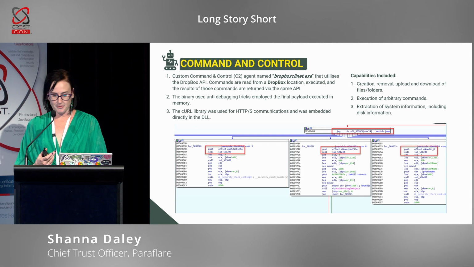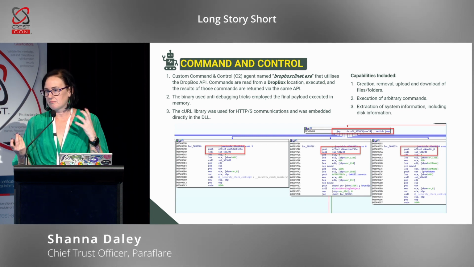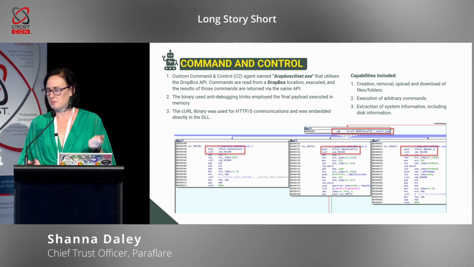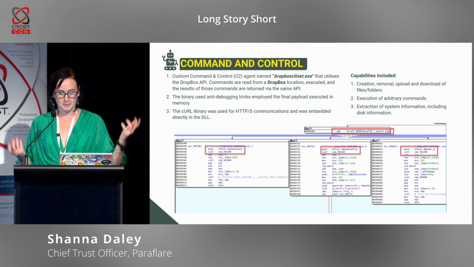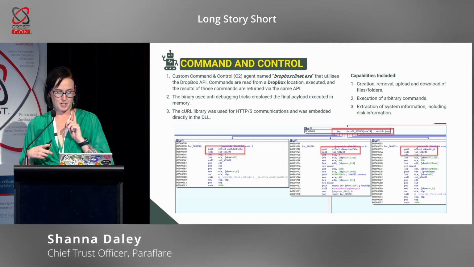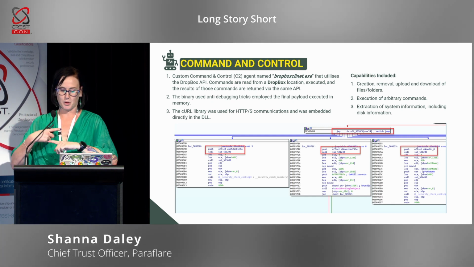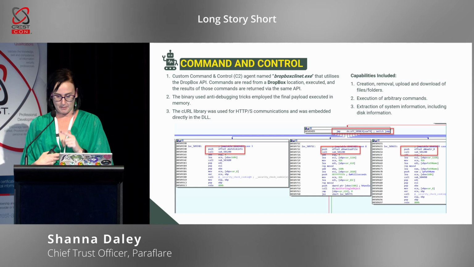The commands were read from a Dropbox location, and most organizations generally allow people to have Dropbox, and in this organization, that was fine, take what you want. So the commands were read from the Dropbox location, and the results were actually returned via that same API.